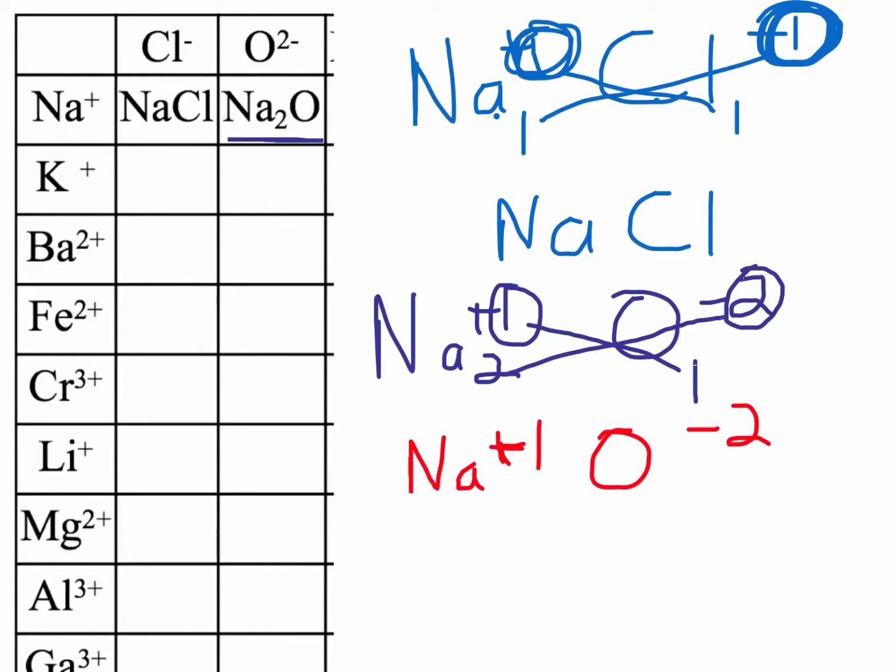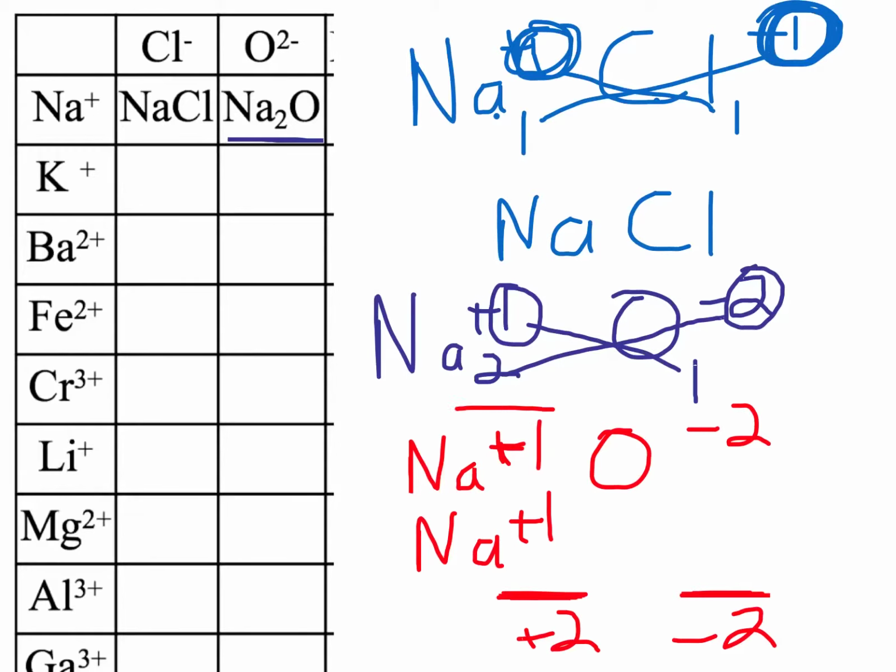So I could add another sodium. And if I add another sodium, that gives me a total positive charge of plus 2. My total negative charge over here is negative 2, so that works. That balances out. Since I have 2 sodium ions here, that's where my subscript of 2 comes in. That's why that's there in the formula. Okay, so that's how the math works.